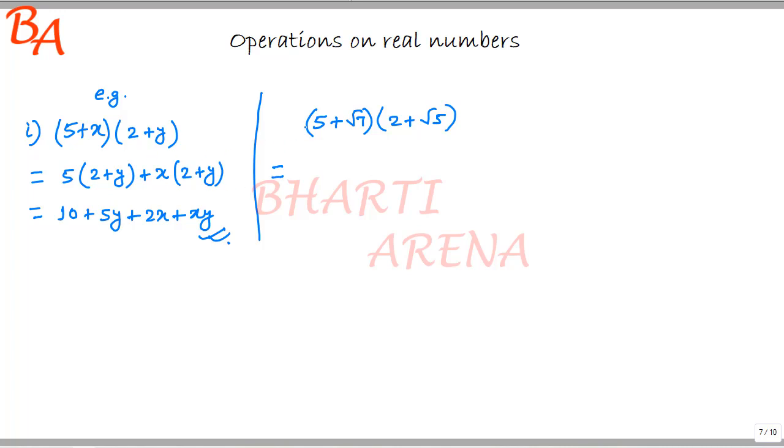So like this one, what we will do here, first multiply this 2 plus root 5 by 5. So it will be written 5 whole into 2 plus root 5, and by root 7, 2 plus root 5. So the similar expression is here. Now 5 2s are 10, similarly as we have done here, plus 5 into root 5, that is 5 root 5. Here we have written 5y, 5 into y, that is 5y.